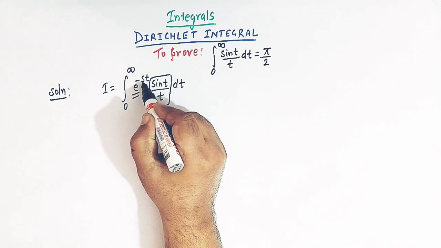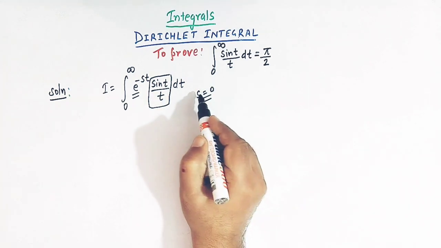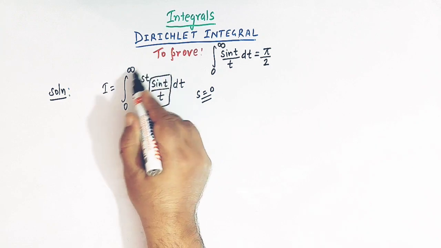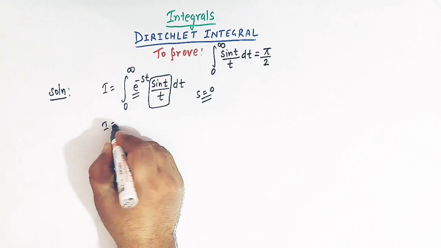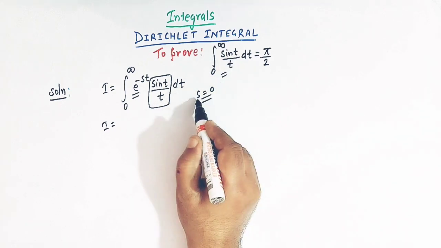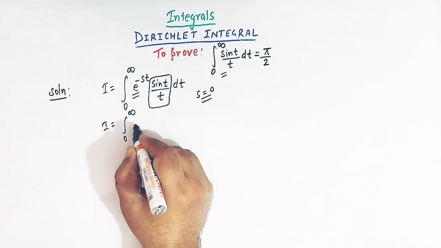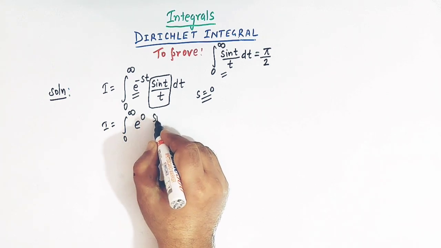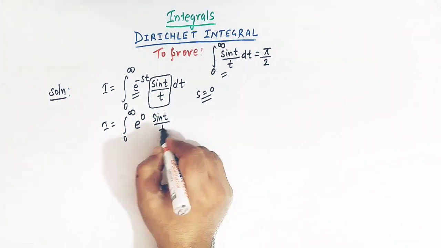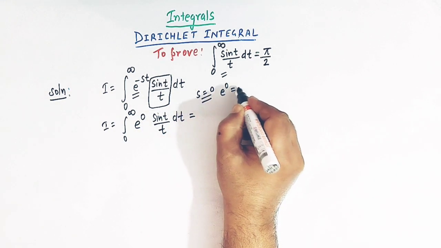So when we take s equal to 0 in this integral, then this integral reduces to this one. When we take s equal to 0, we get 0 to infinity e raised to 0 sine t over t dt, and e raised to 0 is 1.